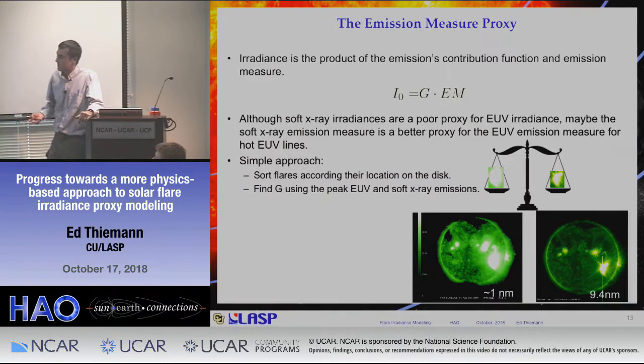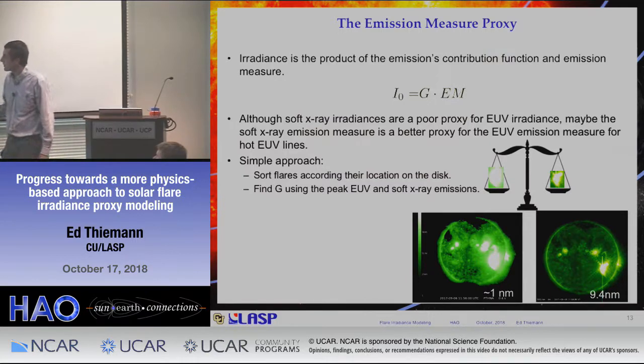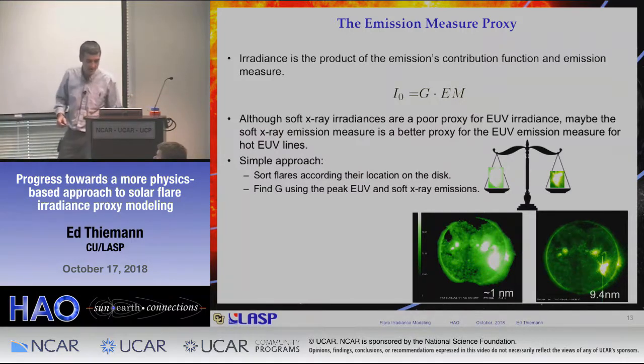And so if we make the assumption that, for hot lines at least, the volume of plasma that we see in the soft X-rays is the same as the volume of plasma that's creating the EUV line emissions, we can approximate that the GOES peak emission measure is going to be equal to the peak emission measure for EUV lines, at least for some hotter lines.